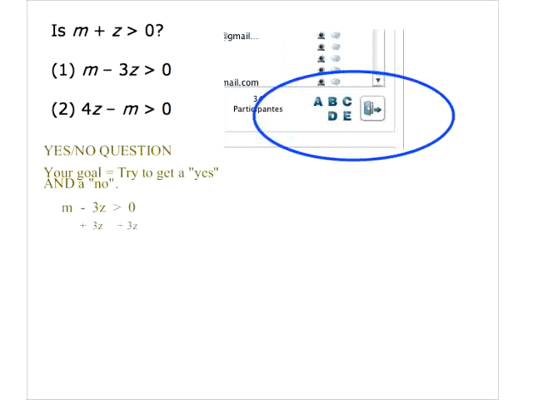You can get this as a takeaway from this particular part of the exercise. If you have a difference that's positive or negative, a difference meaning two numbers subtracted, then move one term over to the other side and make it not a difference anymore. So m is greater than 3z.